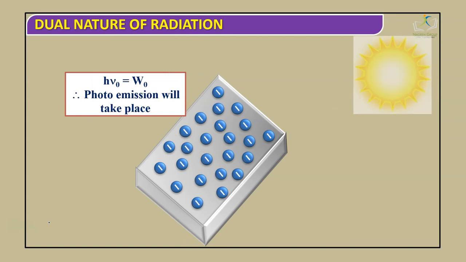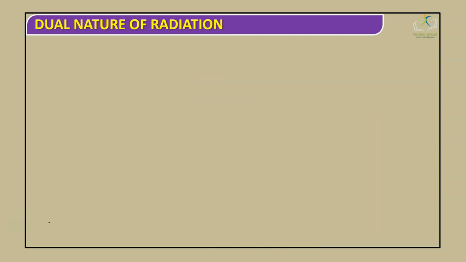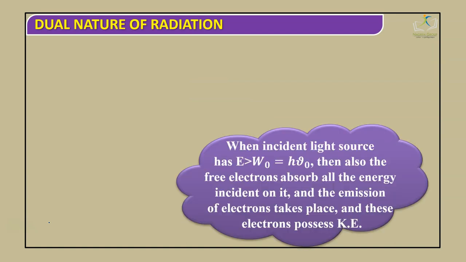Where h nu naught equals W naught, photoemission takes place, or in the case of greater than. So when the incident light has E greater than the work function, which equals h nu naught, then also free electrons absorb the incident energy and emission takes place. And these electrons possess kinetic energy also.